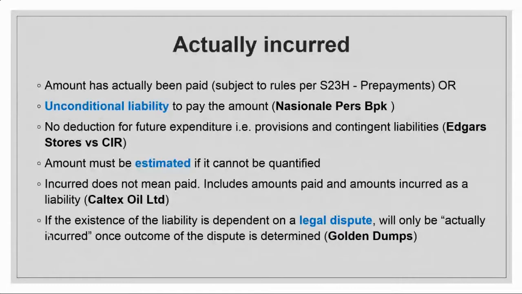I will not include that deduction until that condition has been met. And if I've got an amount that I don't know the exact amount of, I have to estimate it if I don't have an exact amount at that stage.